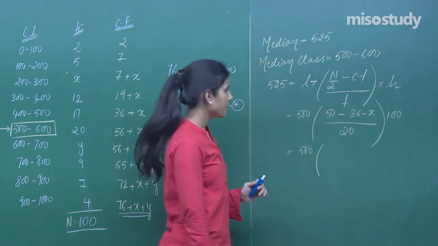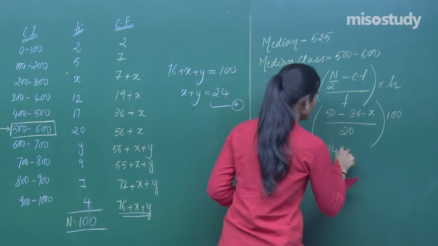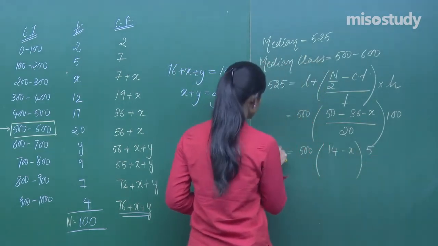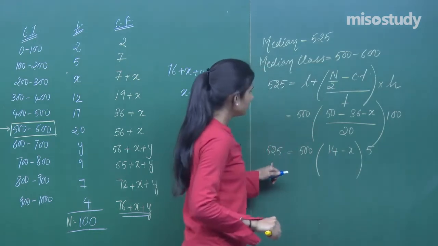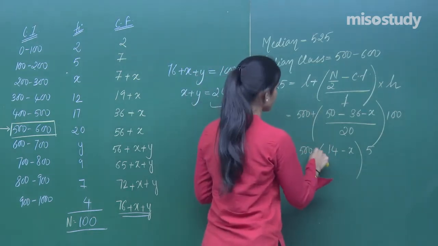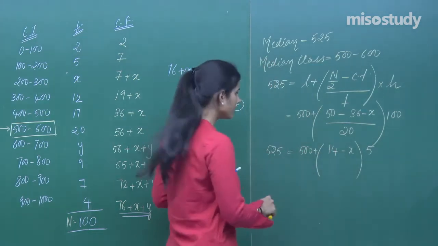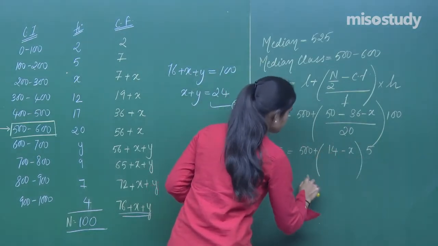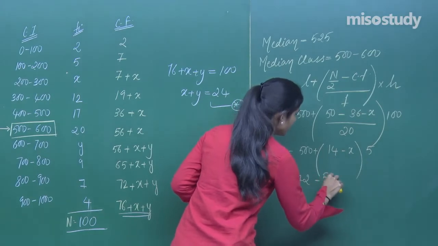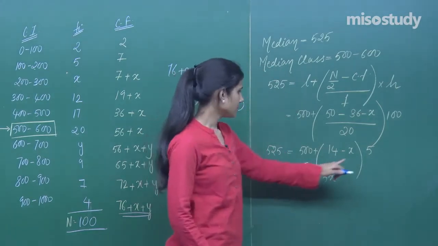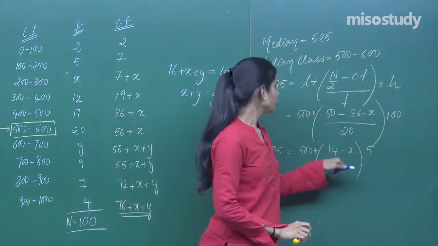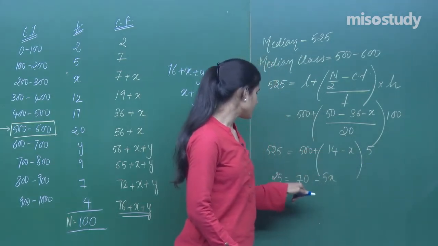50 minus 36 is 14, so this gives you 14 minus x, and this is into 5, and this is 525. Right? This is plus. 525 minus 500 is 25. 25 equals 72 minus 5x, because 5 into 4 is 20, 5 into 4 is 20 and 5 into 1 is 5 plus 2, 7.